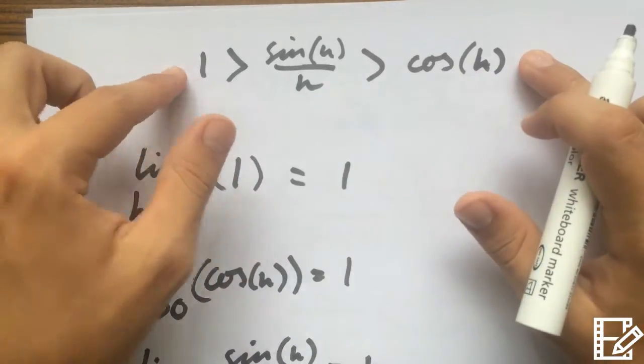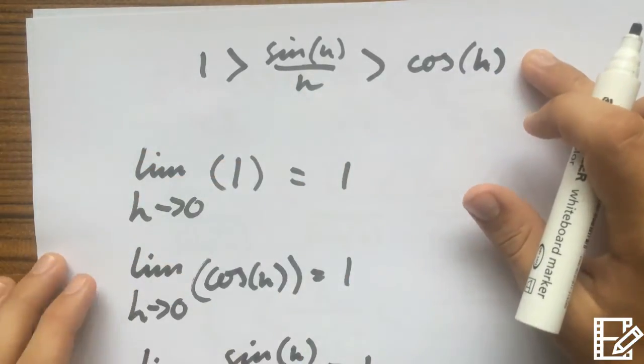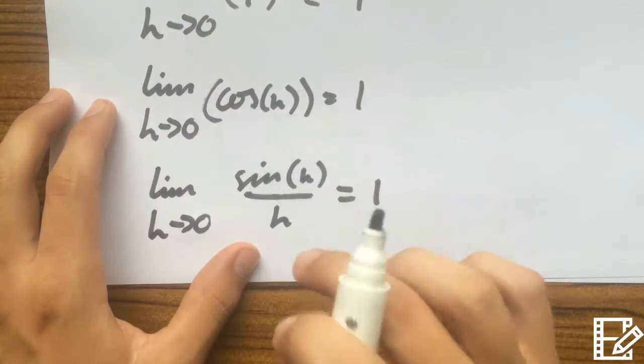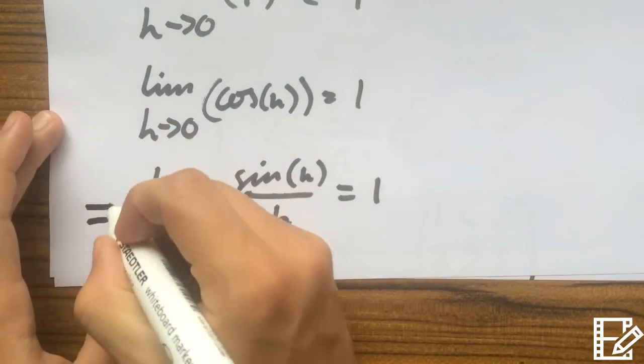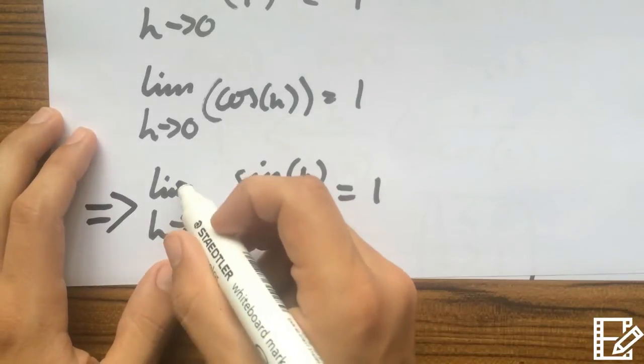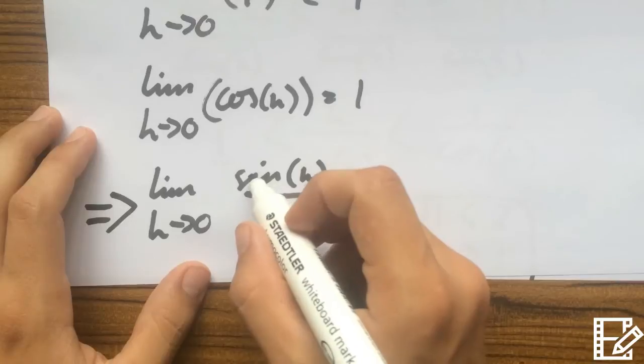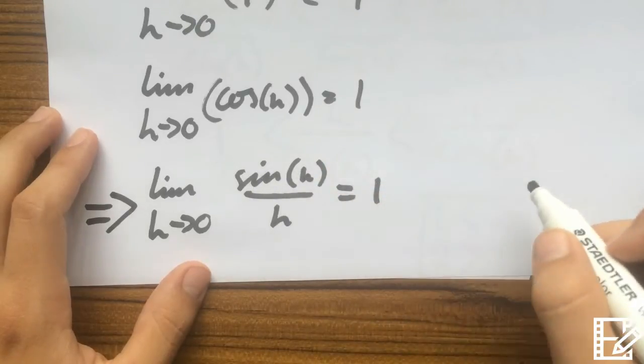So you've got 1, 1, therefore 1. And that's why when the limit of h approaches 0, sine h over h is equal to 1.